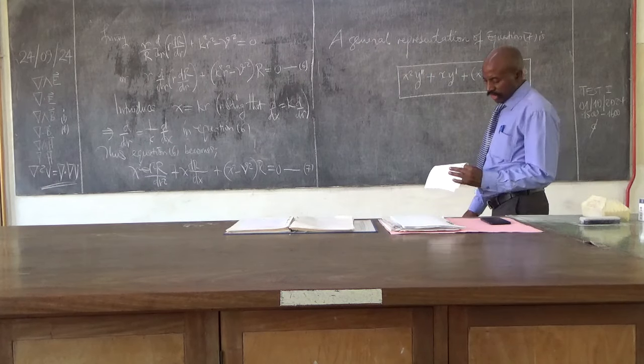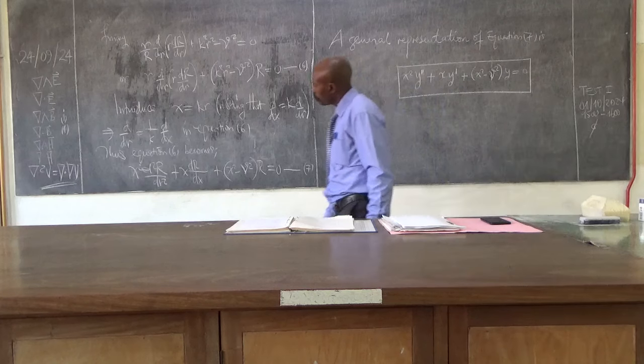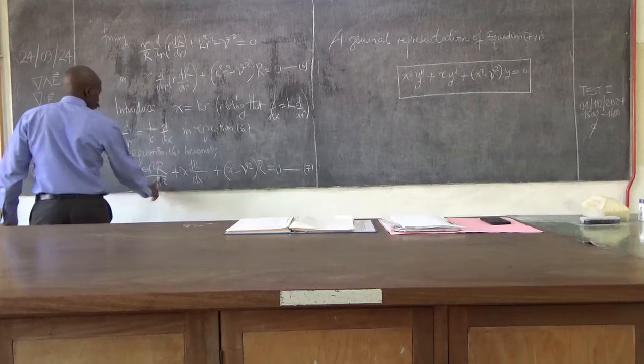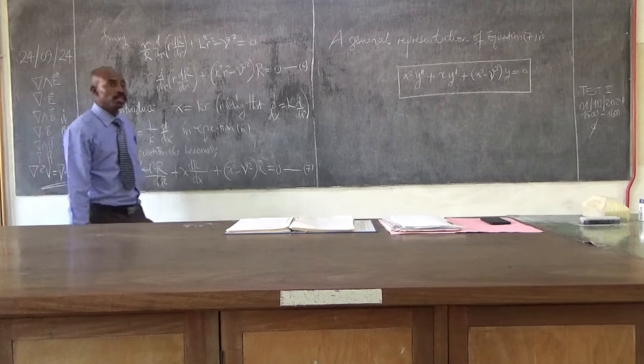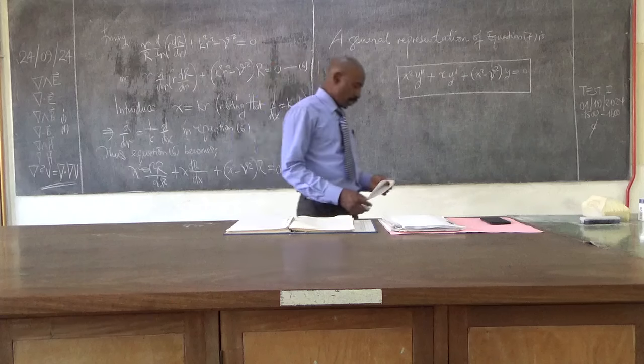And I think we are making a mistake here. This should be x squared, because we changed the r to the x.